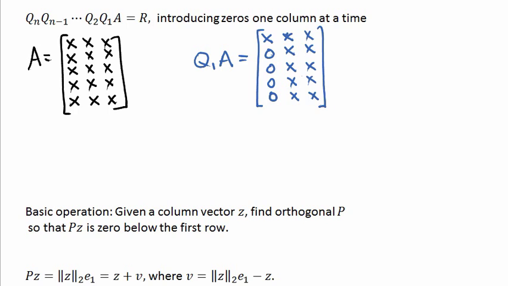Now the second step is going to be to multiply on the left by Q2. And that's going to be done in such a way as to put zeros into column 2. Well, to do that, we're going to have to be careful. Remember, we're multiplying on the left, so we're going to recombine the rows. But we don't want to combine the first row with all the rows below it, because that'll wreck the zeros that we've already put in.